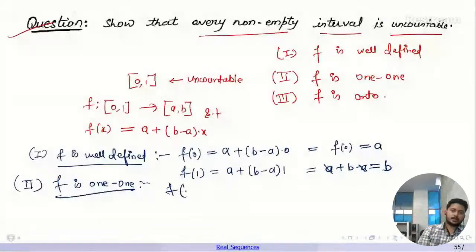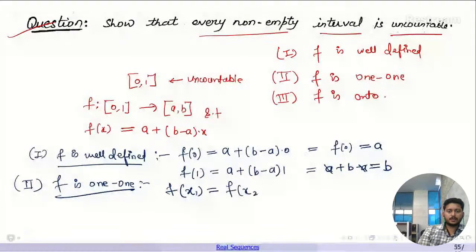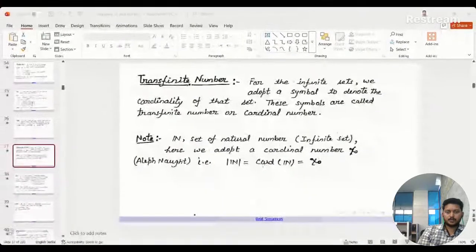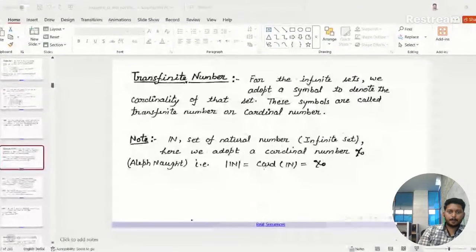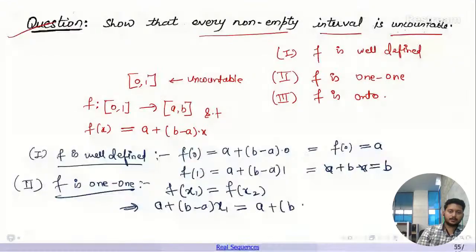Then in case of f(x1) equal to f(x2) type of element comes, then put here the a plus b minus a terms like this, which is equal to a plus b minus, which is equal to x1.